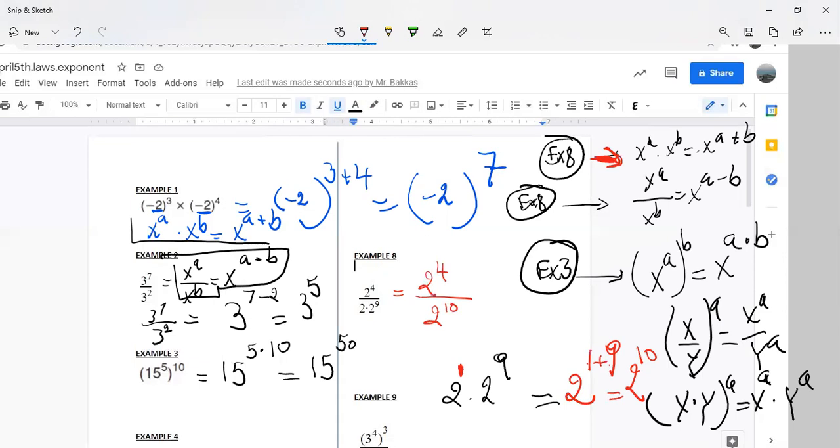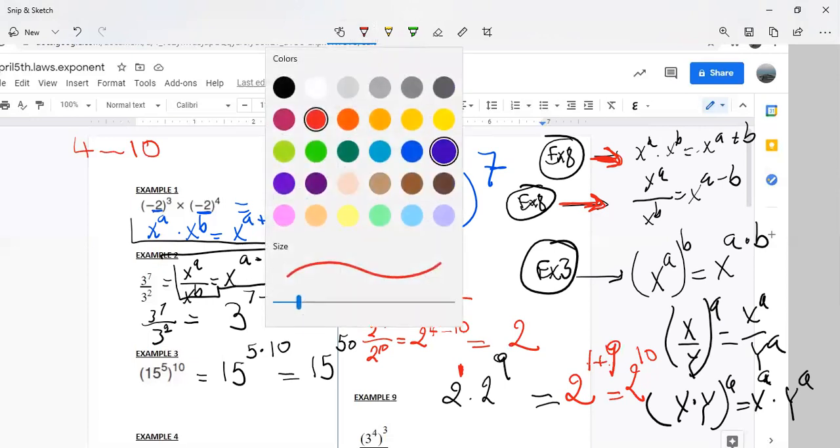We have to do the quotient rule. We have to do this one now. So the quotient rule says, if you have 2 to the 4th over 2 to the 10th is equal to 2 to the top minus the bottom, 2 to the 4 minus 10, okay, which is 2 to the, what's 4 minus 10? Well, this is subtraction.